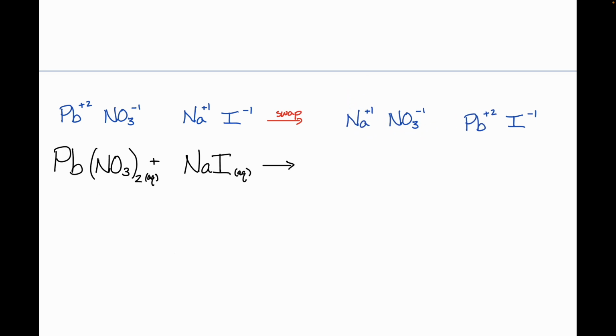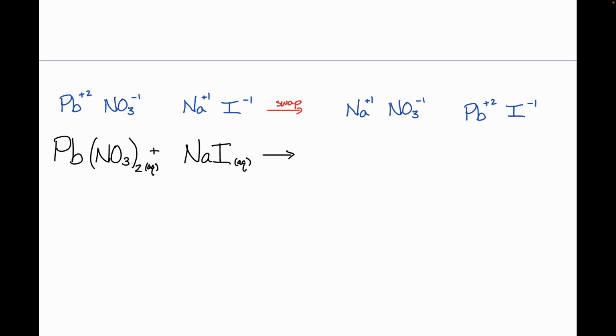And now I need to put together my new formula for my products here. And since I wrote out these ions with their charges, it makes my life a lot easier, right? We're going to do that swappy game that we played where our charges are dropped down to be our subscripts for our formulas.